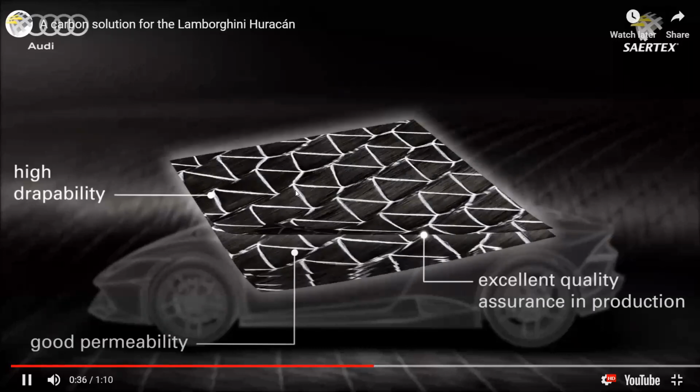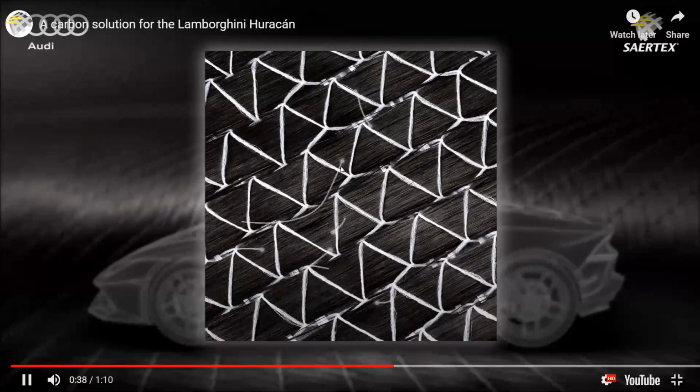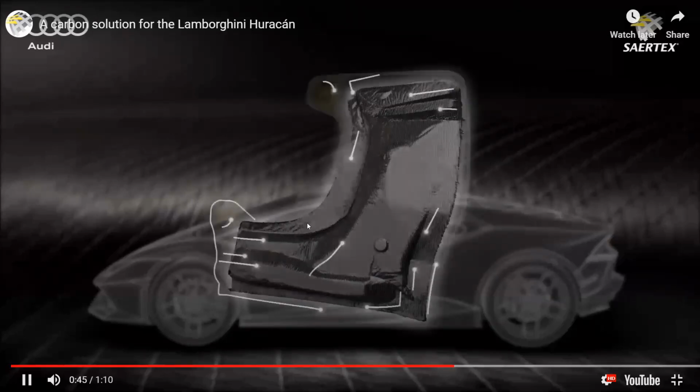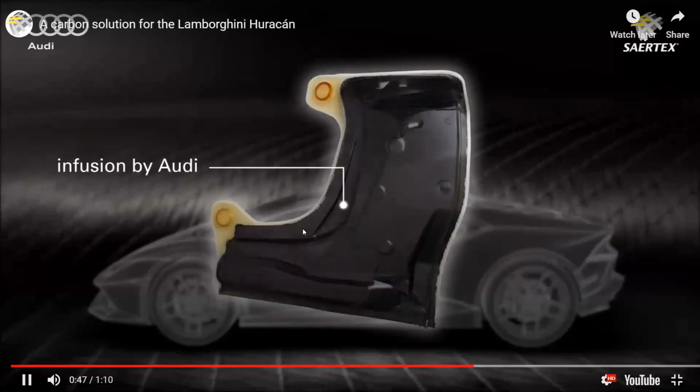So each ply is stitched, but no resin yet.